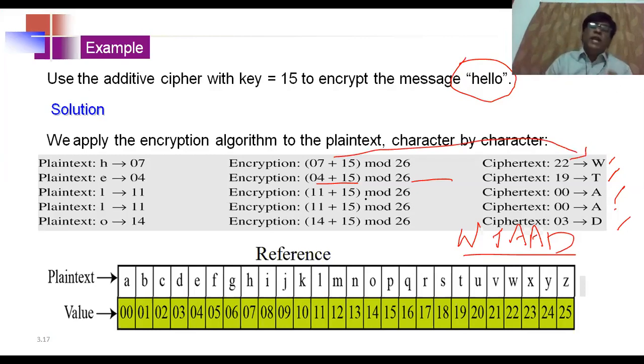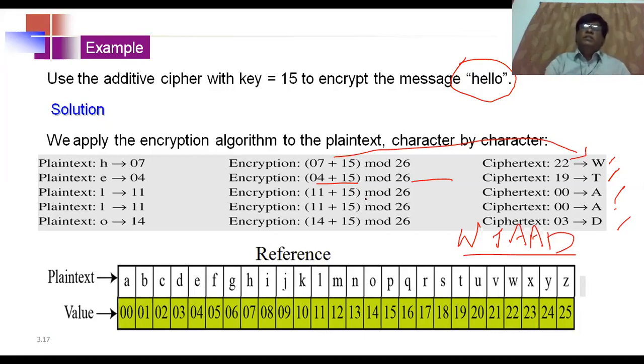So since I am adding the key value to the characters, I replace each character with a later character. At the time of decryption, since I am subtracting the key value, I go back to the previous character and get that plain text character.